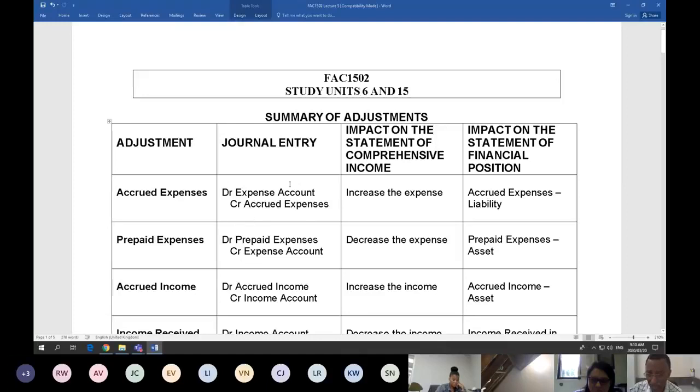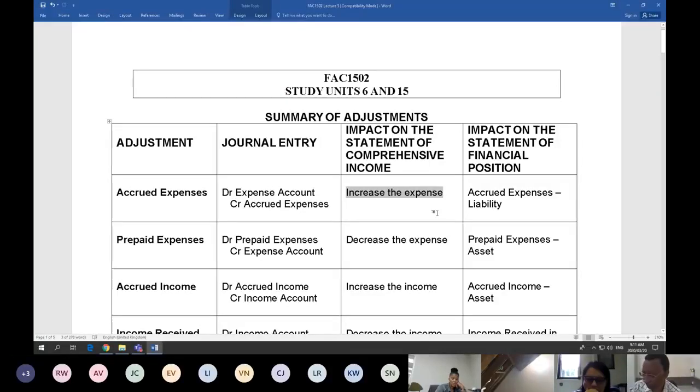Now, each adjustment will impact on either the statement of comprehensive income or the statement of financial position. If you are dealing with accrued expenses, the impact on your statement of comprehensive income is that your expenses will increase.